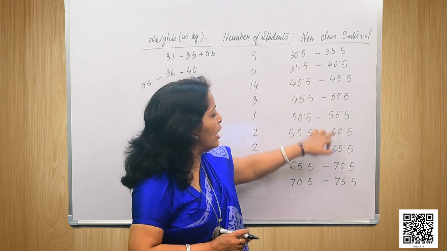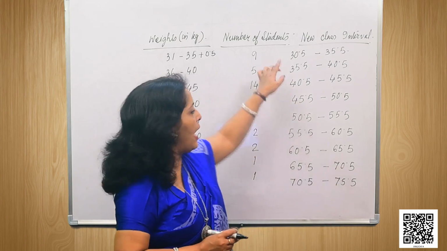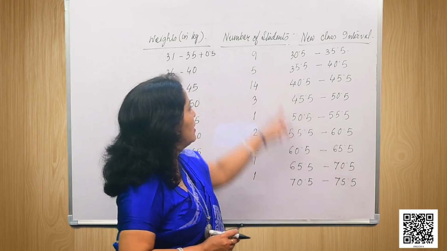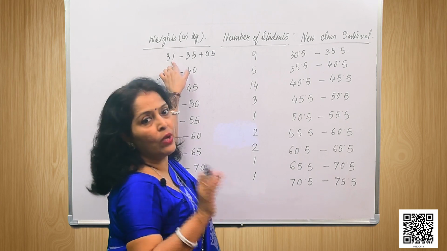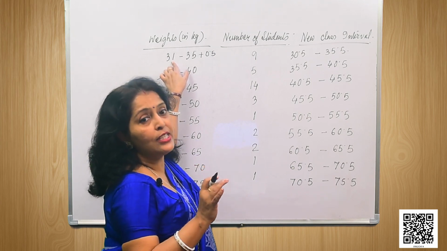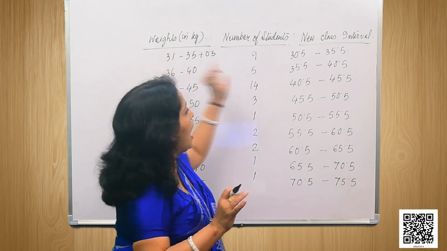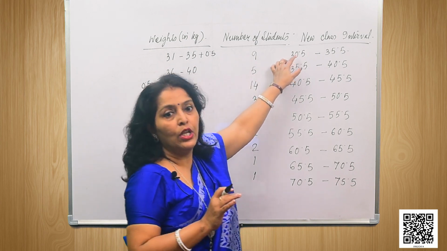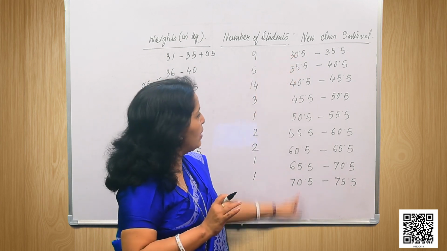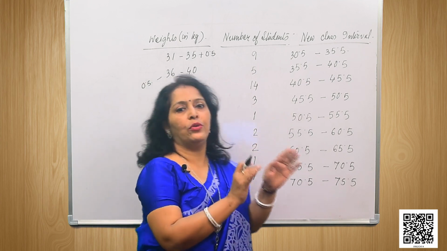Similarly, I do the same thing with all the upper limits and all the lower limits. Earlier we had the first lower limit 31. When I subtract 0.5 from there, I get 30.5. Now look at them, they all are connected to each other.